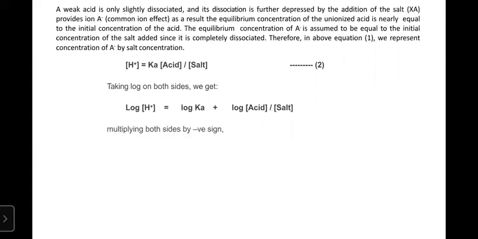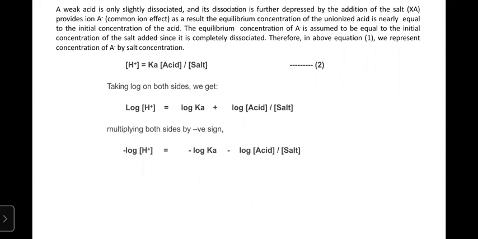Then multiplying both sides by a negative sign, we get negative log of H plus, the concentration of H plus ion, equal to negative log Ka minus log of concentration of acid by concentration of salt.